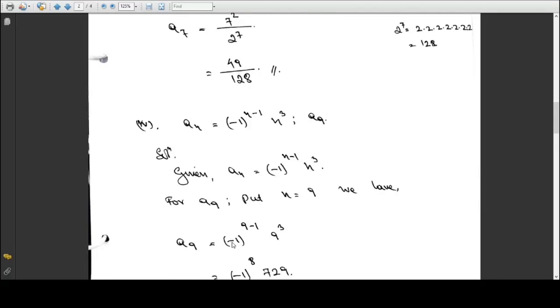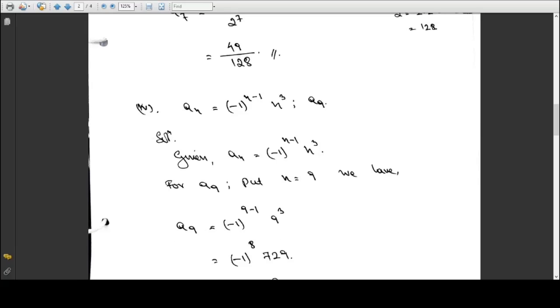A9 will be minus 1 to power 9 minus 1, times 9 cubed. Now 9 minus 1 is 8. Minus 1 to power 8, 9 cubed is 9 multiply 9, 81, 81 multiply 9 is 729.